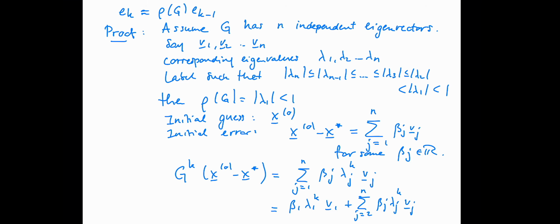So G to the power k times x0 minus x star is approximately beta 1 lambda 1 to the power k v1, and I forget about the other terms.